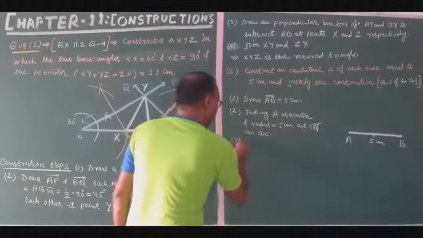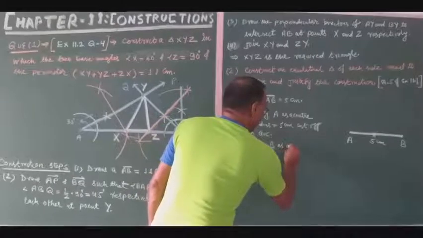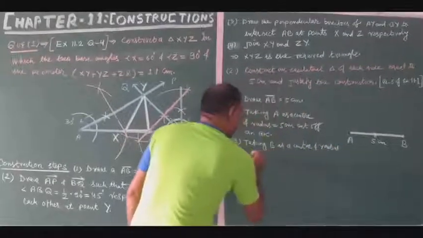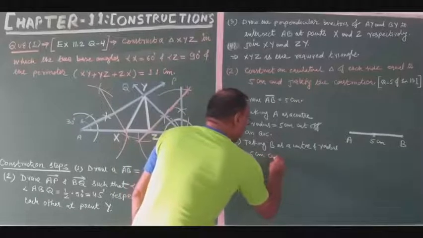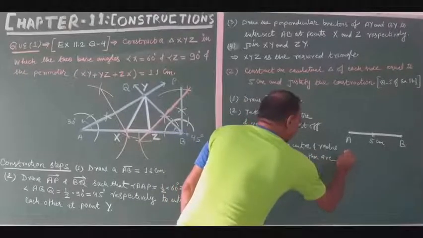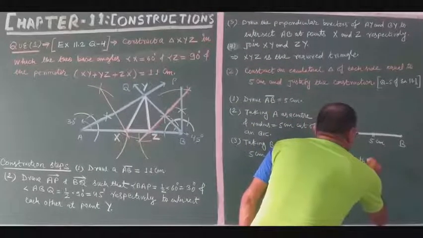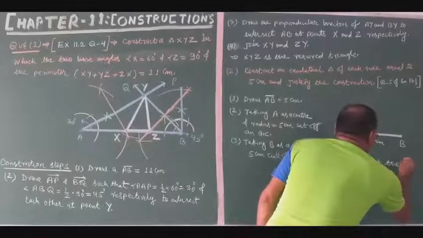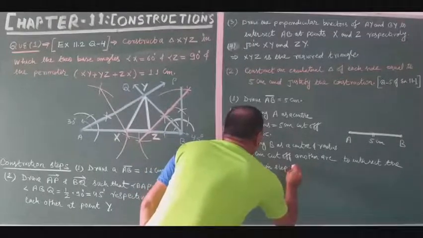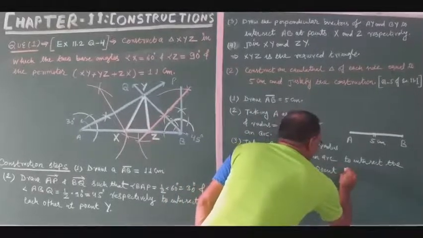And in the next step, taking B as a center and radius 5 centimeter, cut off another arc to intersect the arc in step second at point C.